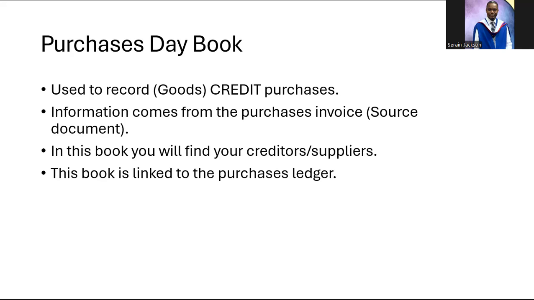So you will find the names of your creditors or suppliers in the purchases daybook. And finally, an important piece of information is that the purchases daybook, or the purchases journal, is linked to the purchases ledger, and you have to remember that.